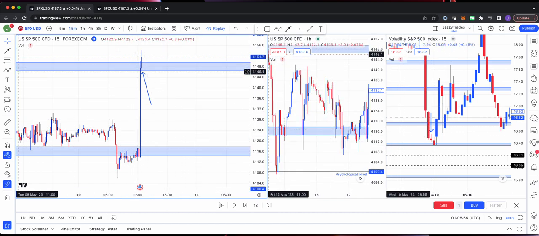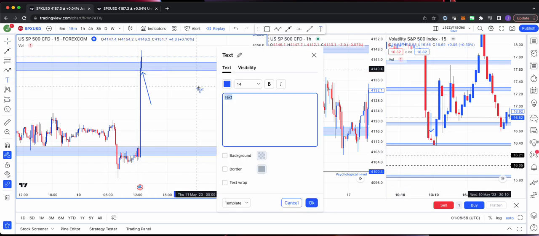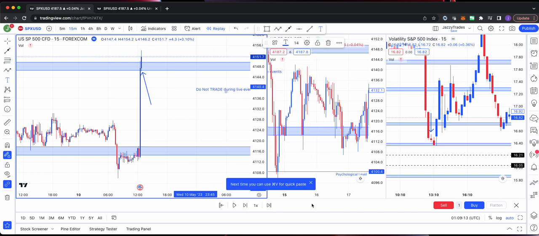Point number one is, which a lot of people did on Wednesday and Thursday: do not trade during live events. That is my point number one.